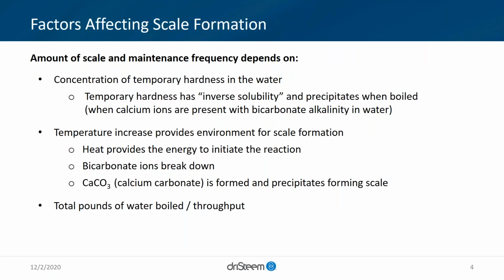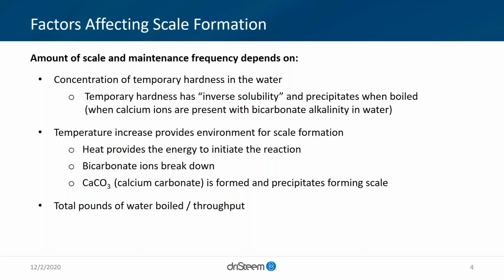Some factors affecting scale formation. I talked about this one specifically in the softening presentation. I'm going to give my analogy again because it's very applicable to both technologies. Temporary hardness is the piece that falls out of solution in the water, and its relationship to temperature is inversely soluble. The best example I think of is sugar in your tea, which is more soluble as you heat it up.